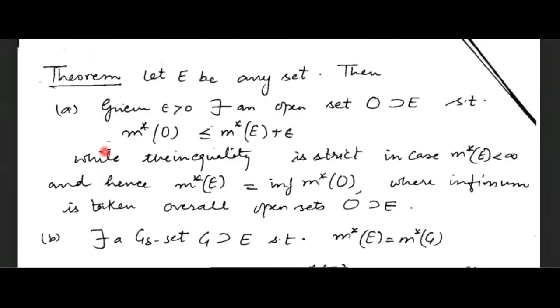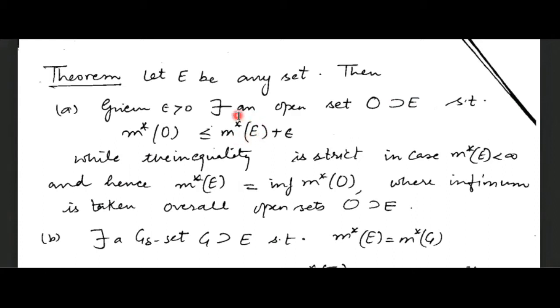Now next is the result which says: let E be any set, then given epsilon greater than 0, there exists an open set O containing E such that the outer measure of O is less than or equal to the outer measure of E plus epsilon. So corresponding to E, we always have an open set O which contains E, but the outer measure of O is less than or equal to the outer measure of E plus epsilon.